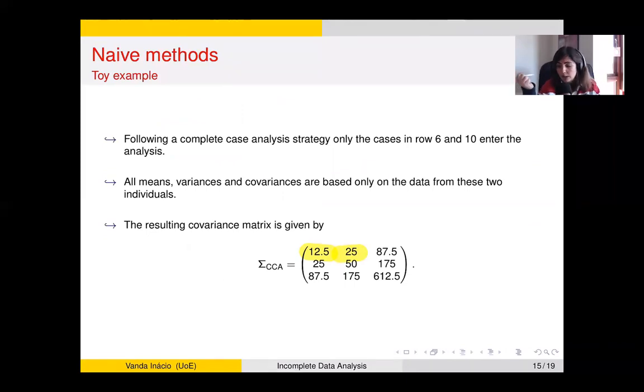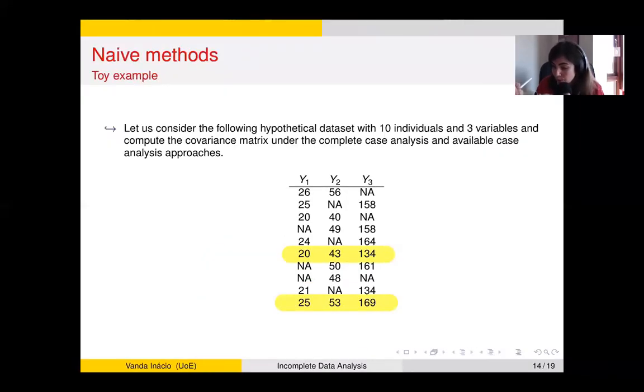You can do it by yourself, and in the next video we will also see how to do this automatically in R, so we don't have to do all the calculations by hand, but it's good that we know what R is doing. So complete case analysis is easy. We just remove all individuals from our dataset that have at least one missing value for one of the variables, and we retain those with complete information on all three variables.